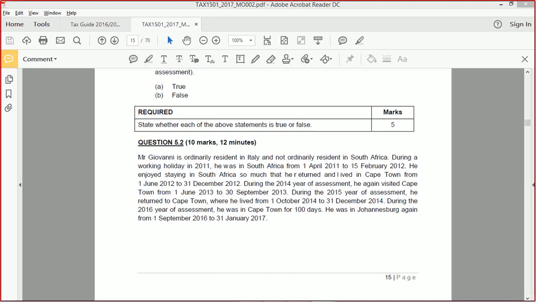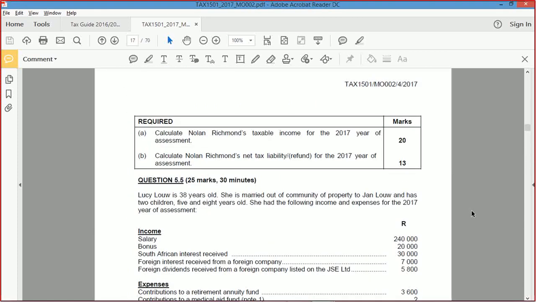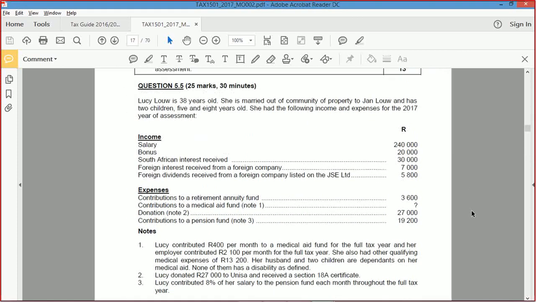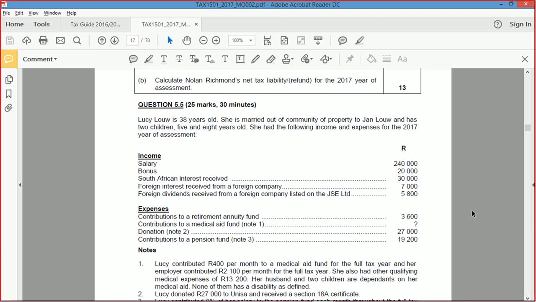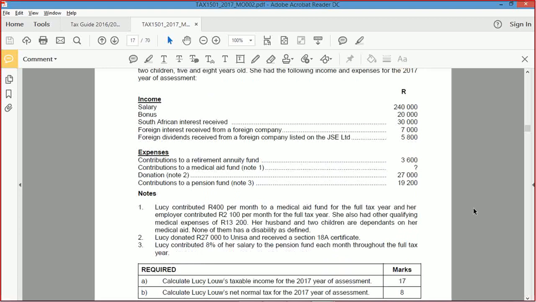Okay. So if you're happy with those examples, I know we went through 5.4 last week, I think. Yes. We already covered one of these question 5 examples, when we spoke about the pension stuff, and we spoke about donations and all of that.